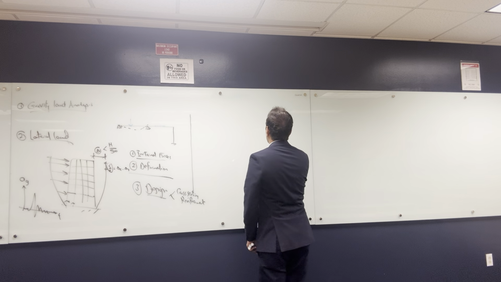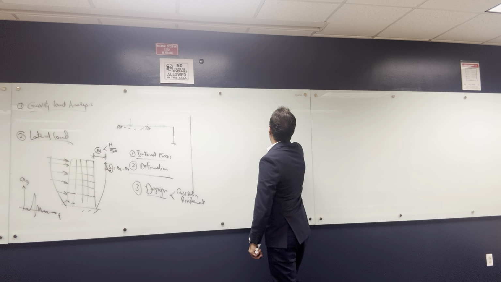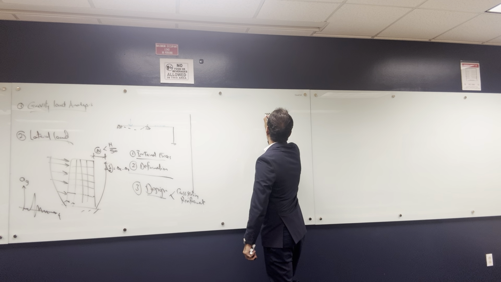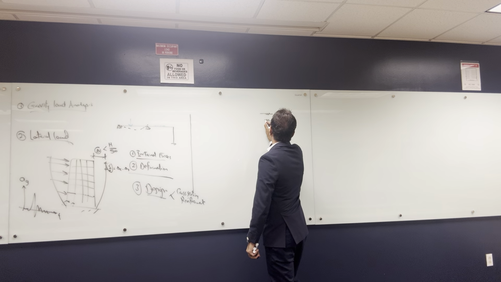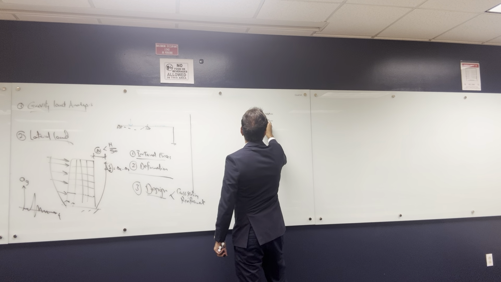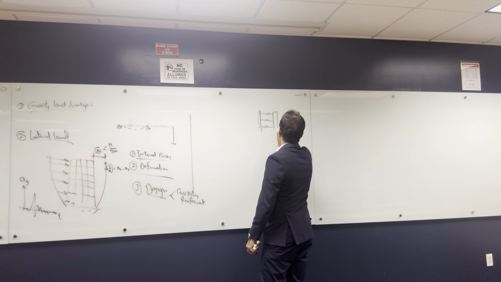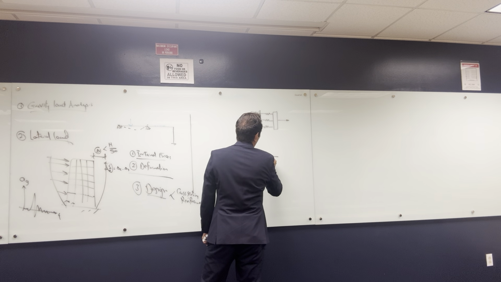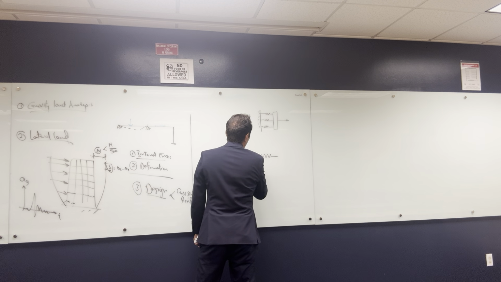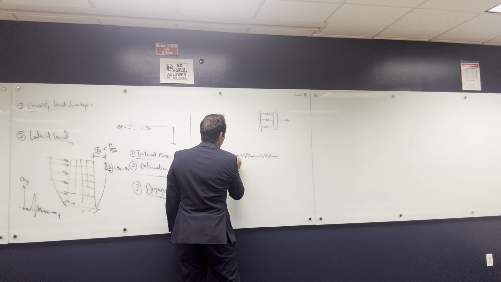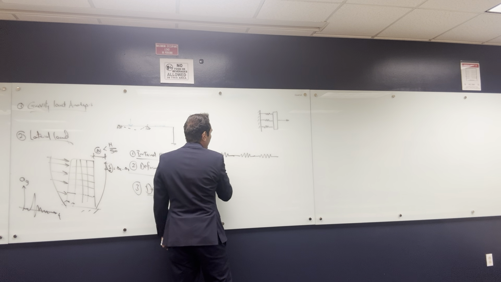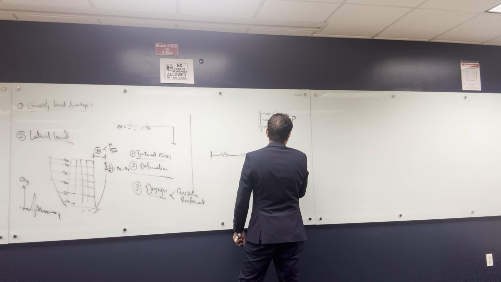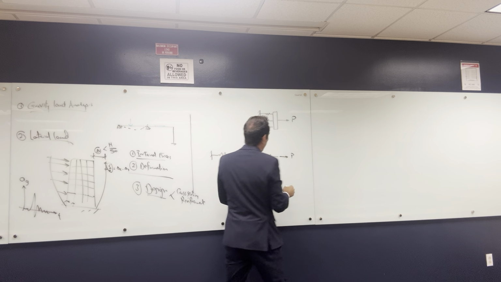Let's say that we have this system, and I'm pulling here with force P, and here I have also force P. What is this system?